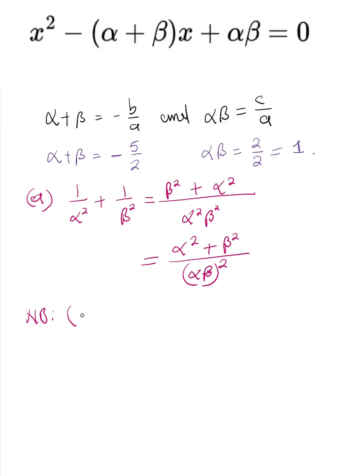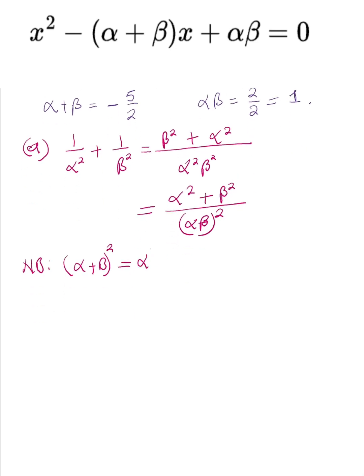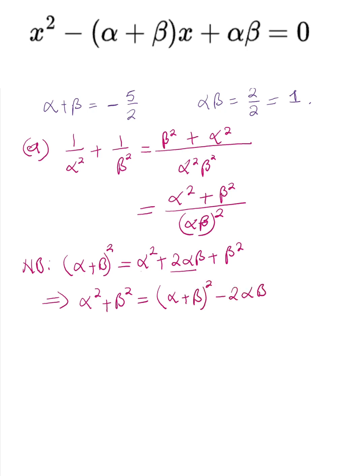So I will note here, using this perfect square, that alpha plus beta squared is equal to alpha squared plus twice alpha beta plus beta squared. This implies I make alpha squared plus beta squared the subject. So alpha squared plus beta squared is equal to, I bring twice alpha beta to the left side, alpha plus beta squared minus 2 alpha beta.